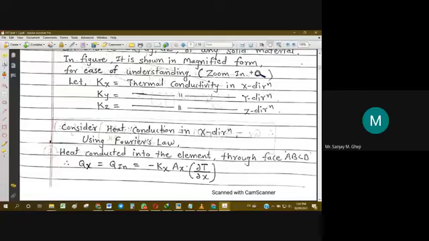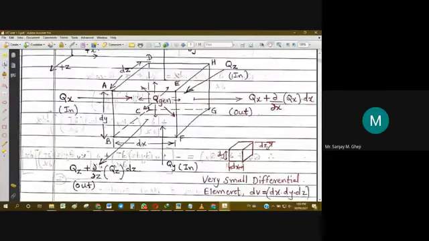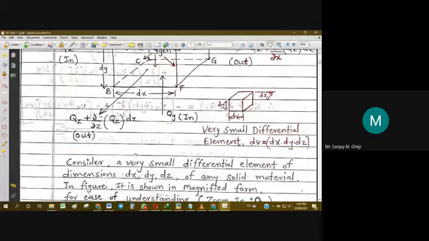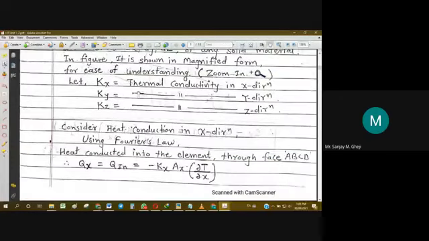Now consider heat conduction in the x direction, and let us apply Fourier's law for the heat conducted into the element through face ABCD. The first step is this. To find the amount of heat conducted into the element in the x direction at the inlet, that is at this face, we know Fourier's law is given by q equal to minus k dT by dx.